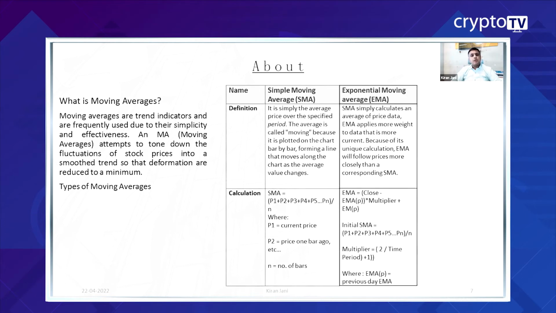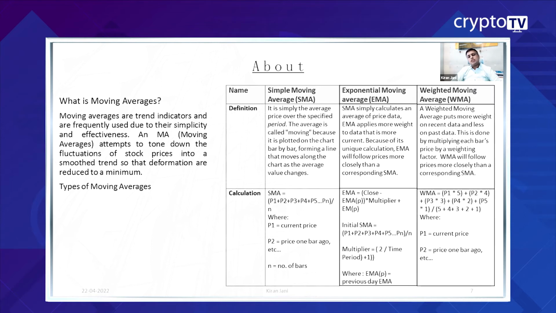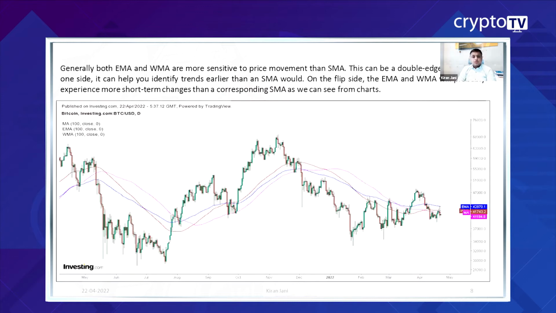There is another moving average, the exponential moving average, and another, the weighted moving average. The calculation changes from one to another, but you are not required to memorize those calculations. Nowadays we have a lot of software and many free websites where these indicators are freely available. What is important is to understand the indicators and how to use them. If you use a moving average on your chart, this is how it looks.